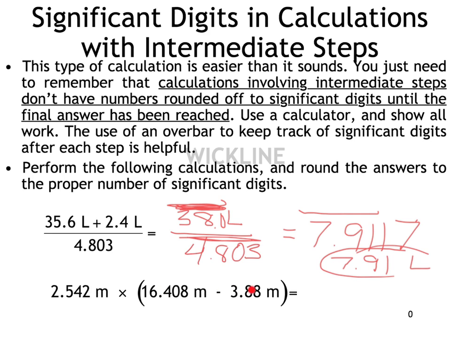This part looks like it needs to be done first because it's in parentheses, and it is subtraction. So this guy who has only 2 decimals, that's how many decimals my very first answer is going to have. So I'll go ahead and do that subtraction, and it says 16.408 minus 3.88.